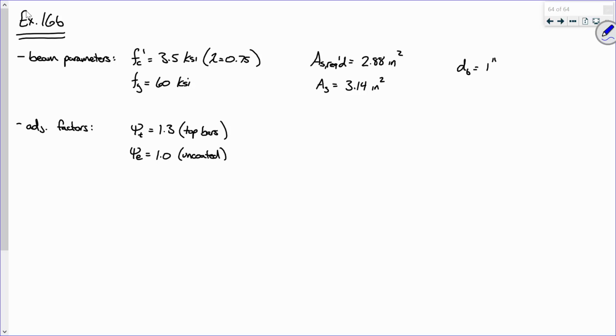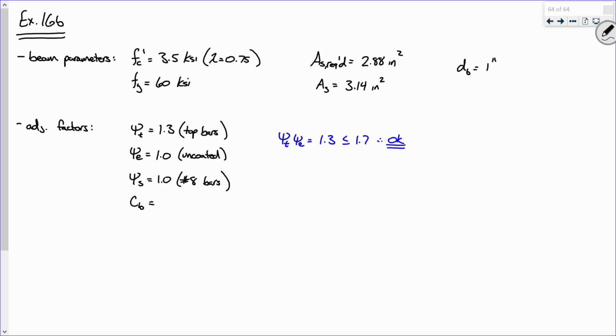On the side, what is psi t psi e equal to? That's less than 1.7, so we're okay. What is psi s? 0.8, because we're dealing with number 8 bars. Okay?